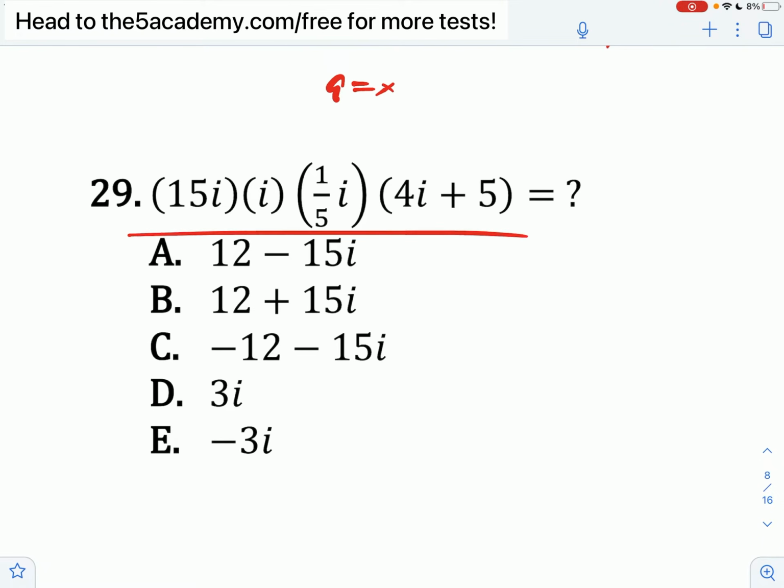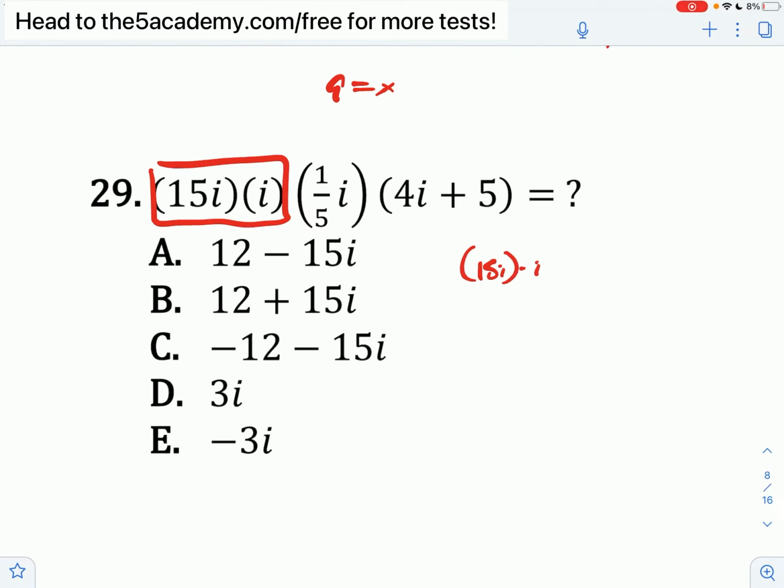In this problem right here, we have some complex and imaginary numbers. So how do we go about solving this? Let's take it bit by bit. So if I rewrite, let's start just with this. 15i times i. Okay? The way that you solve this, it'll obviously just become 15i squared. We need to keep in mind that i is equal to the square root of -1, which means i squared is equal to -1.